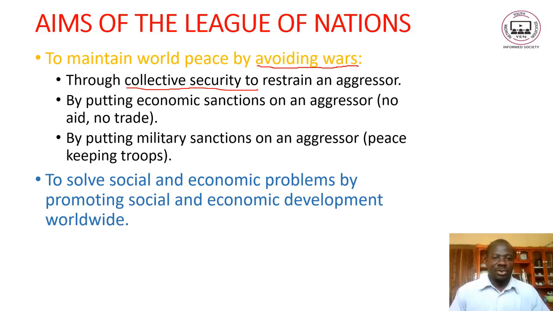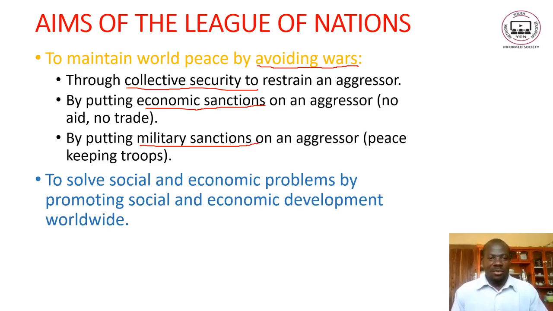Also by putting economic sanctions on the aggressor, no aid, no trade, and by putting military sanctions on the aggressor, that is using peacekeeping troops, just as we hear Malawian soldiers go to the DRC for peacekeeping. They are following the United Nations.